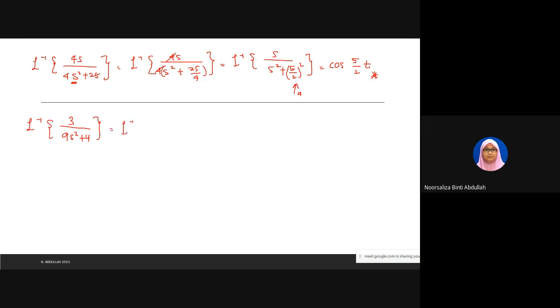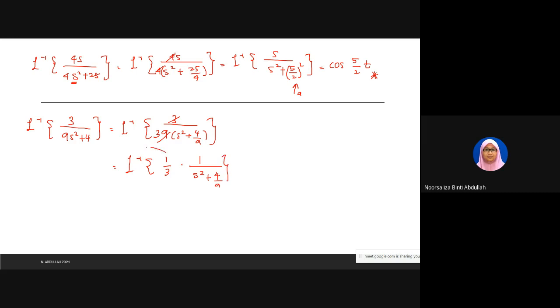Then it will be 3 over 9 s square plus 4 over 9. Okay, this one and this one you can simplify. So you have here, 1 over 3 you can move to front. This one is 1 over 3 times s square plus 4 over 9.